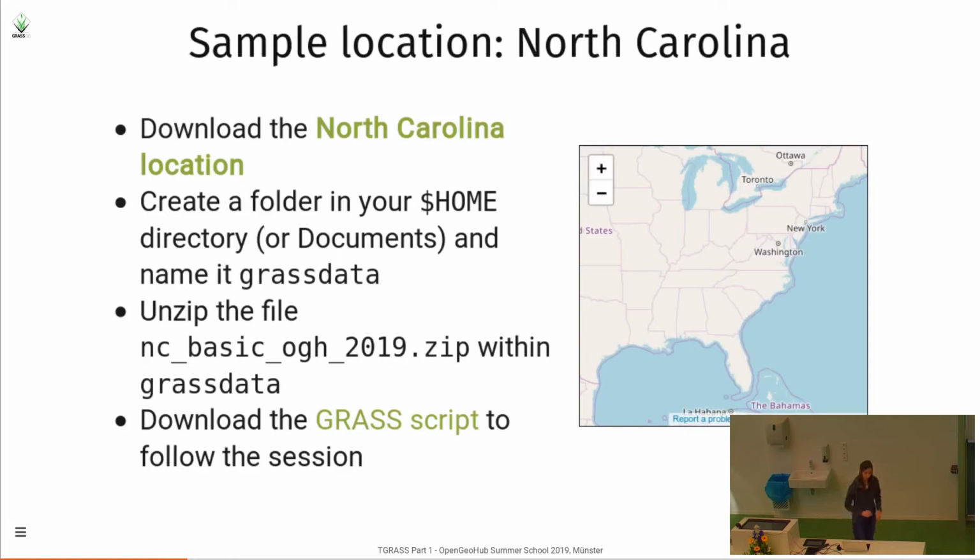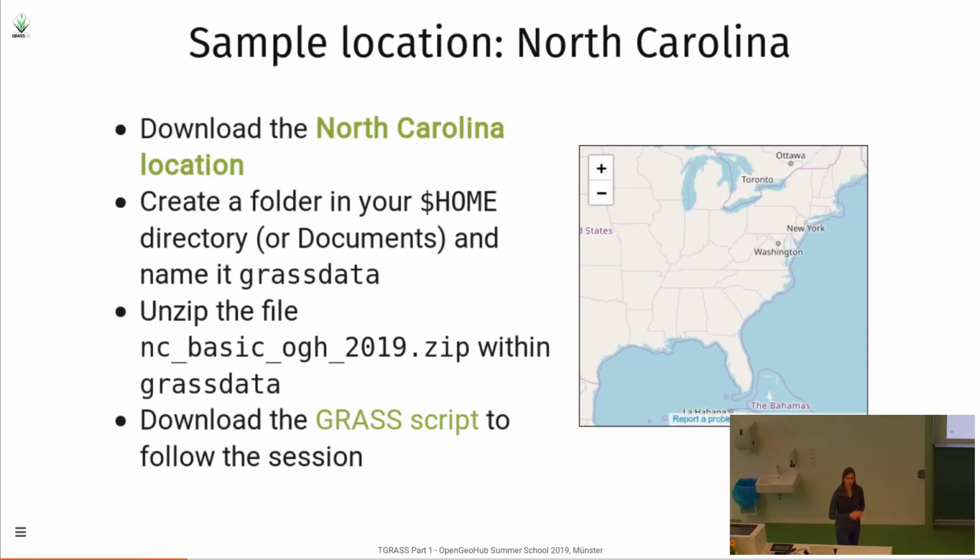Okay, we will use this already prepared location. It's actually the North Carolina location that comes with GRASS, but we added some things there. We added some mapsets. One is for LST that we will use today, and one is for NDVI that we will use on Friday, which is the same lesson but with a different time series.